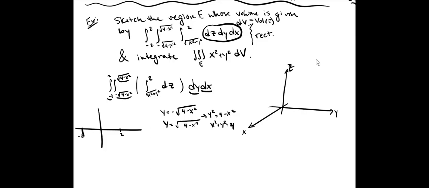So it really looks like we're going from the negative half of the circle to the positive half of the circle with our y values. They're starting here on the negative root and going up to the positive root. This just says we're covering this whole disk of radius 2 centered at the origin. So that's our footprint. This is like our shadow region in the xy plane. It's this circle of radius 2.